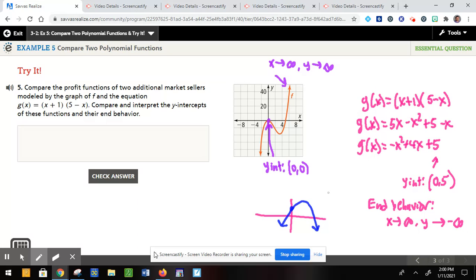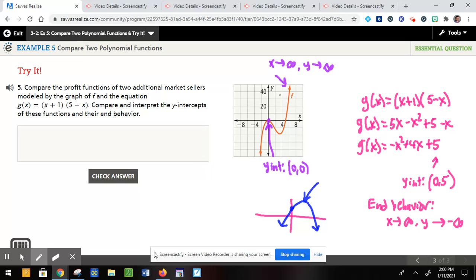It didn't ask us to find what would maximize the profit, but it'd be whatever the vertex is for the g function. For the f function, the more they make, the more they're going to earn, because the end behavior keeps going up. So they're limited just by what they can produce.